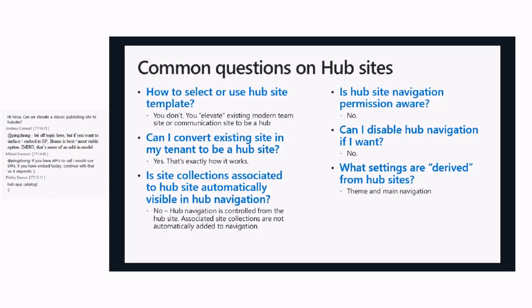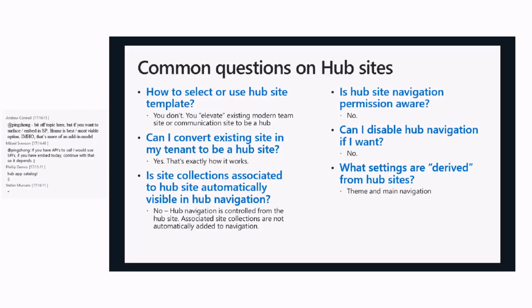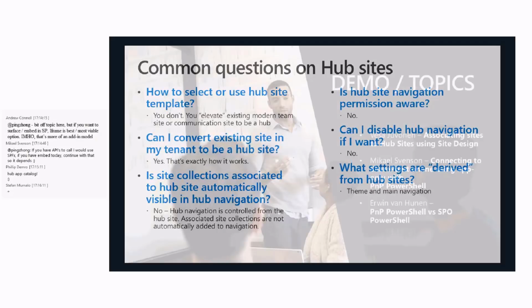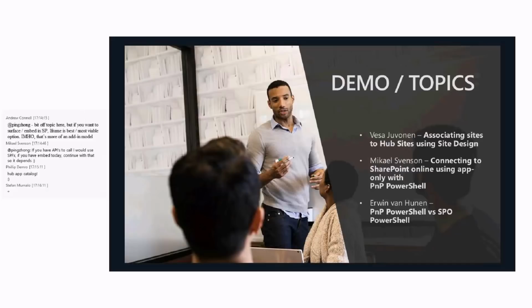Good. Now, let's see, what did we have? We'll have a few demos, if I can actually get this moving. Here we go. So I'm going to do a quick demo from screen sharing from my side around associating sites to a hub site using site design, quickly explaining how it can be done, super easy thing, and then talking about the impact of the hub site as well, just to repeat some of the stuff we showed a few weeks back related to hub sites, and also showing the API documentation location on that.